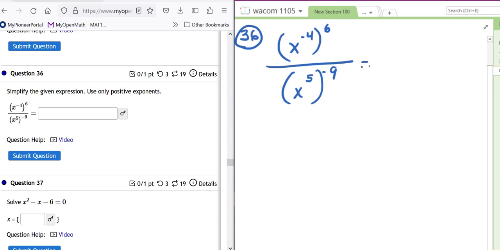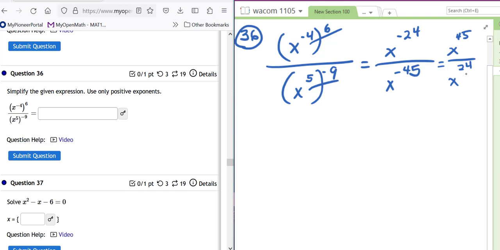So I would work out this numerator, power to a power, keep the base and multiply. I would work out this denominator. 9 times 5 is 45 and it is negative. And then I would just switch these because they're both negative. So this one will go up, this one will come down, and now subtract top to bottom.